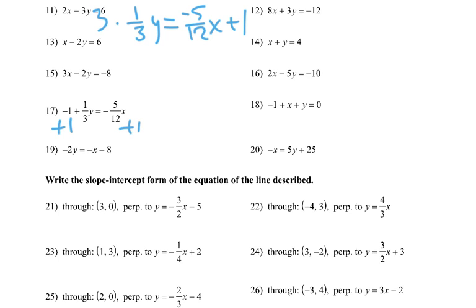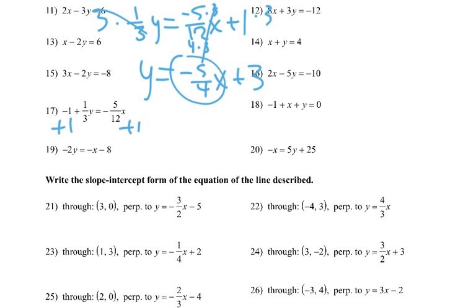To get rid of 1/3, I would times everything by 3. So I'd have y equals, now 12 is like 4 times 3, so the 3's would cancel out. We'd have negative 5/4 x plus 3. Slope of negative 5/4 becomes a positive 4/5 for our perpendicular slope. Okay?